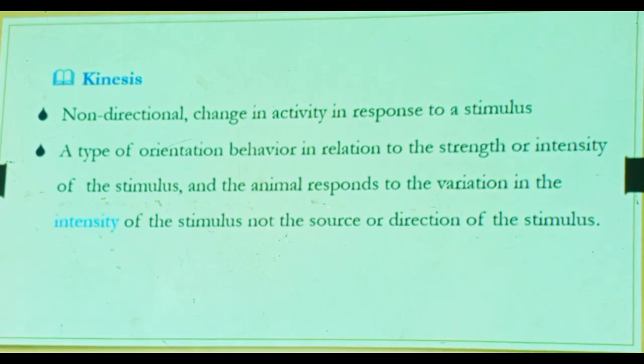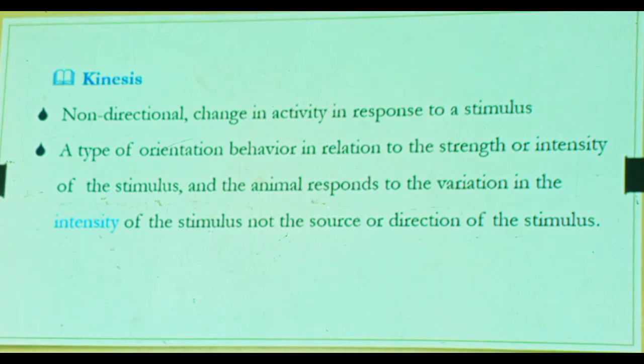It is a type of orientation behavior in relation to the strength or intensity of the stimulus. For example, if you put a head louse in sunlight, the sunlight is burning, so it simply moves randomly here and there, but it is not moving away from the light.